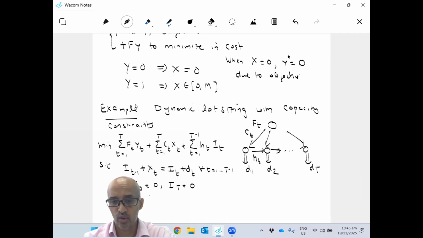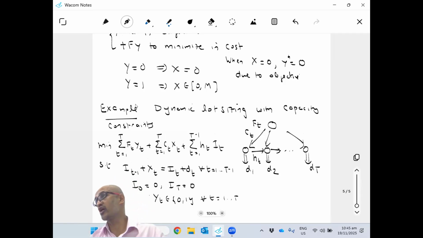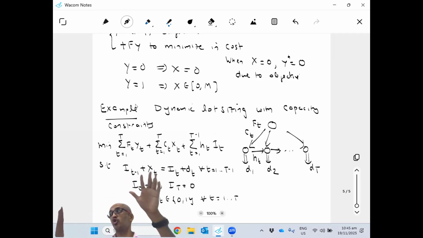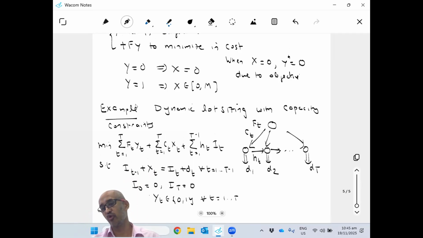In this problem, there's a fixed cost, so YT is binary. Now it turns out, even if you have fixed costs, as I showed you earlier, you can solve a shortest path problem. Even if you only have FT, CT, and HT, lot sizing can be solved as a shortest path problem because we can reformulate a new network.